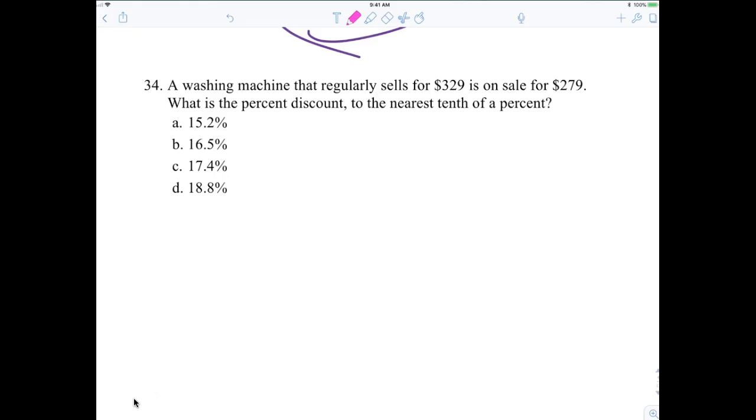Now, that is just like trying to find the percent of increase or the percent of decrease. So what am I doing for this? What do I do? 329 subtracted by 279. Exactly. So everybody do that. 329 minus 279, because it's the change.